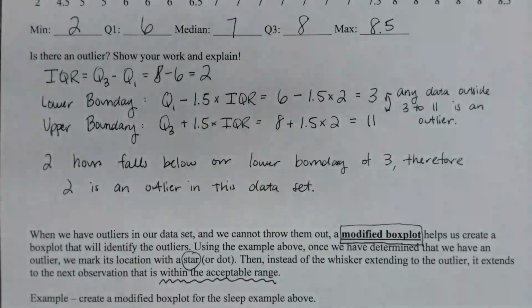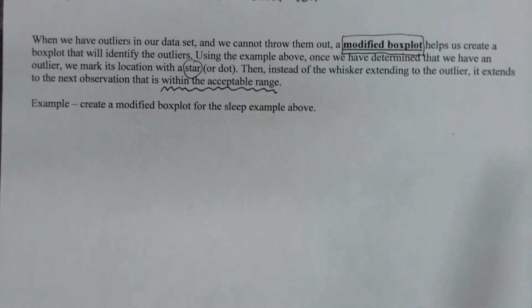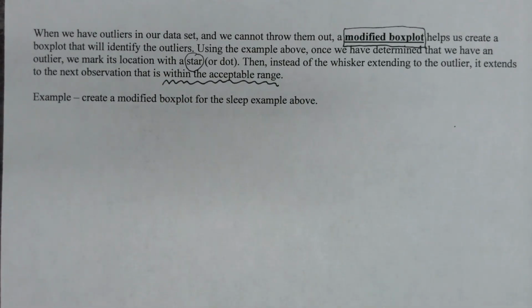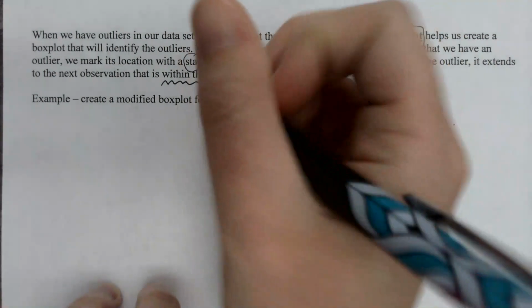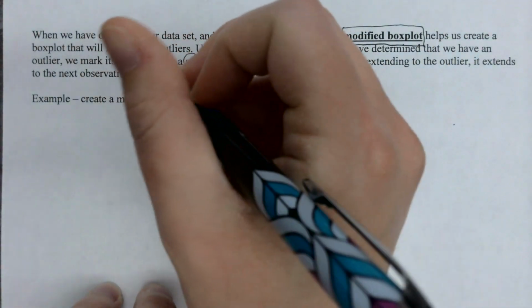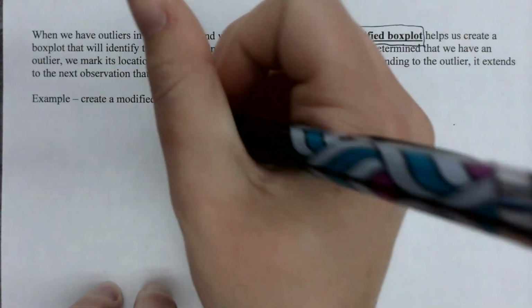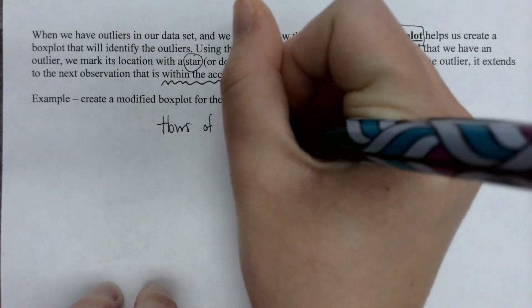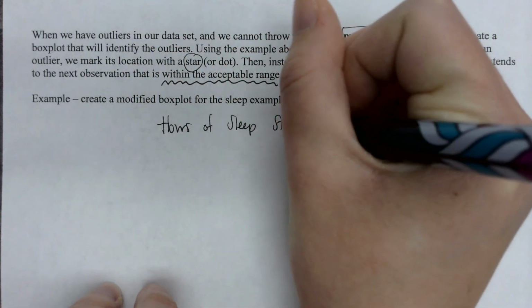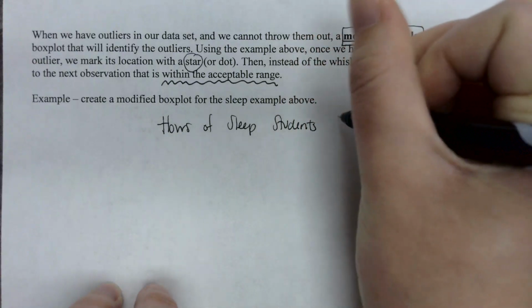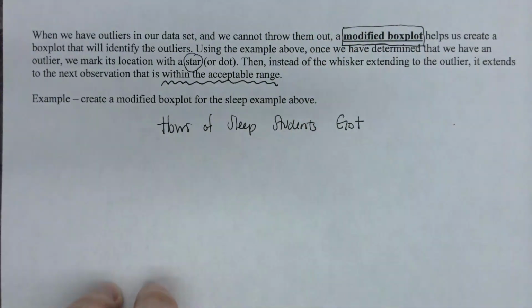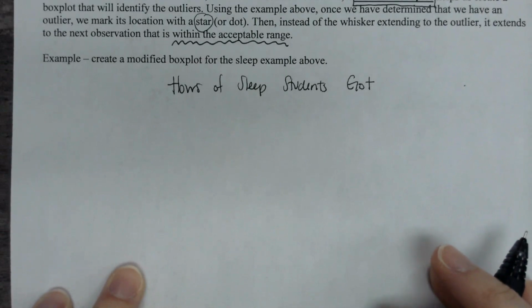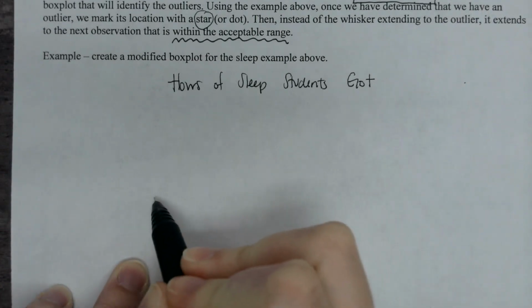So looking at our modified box plot, we're just going to create another box plot. As a title, we could say hours of sleep students got before school starts. And we're going to have an x-axis.